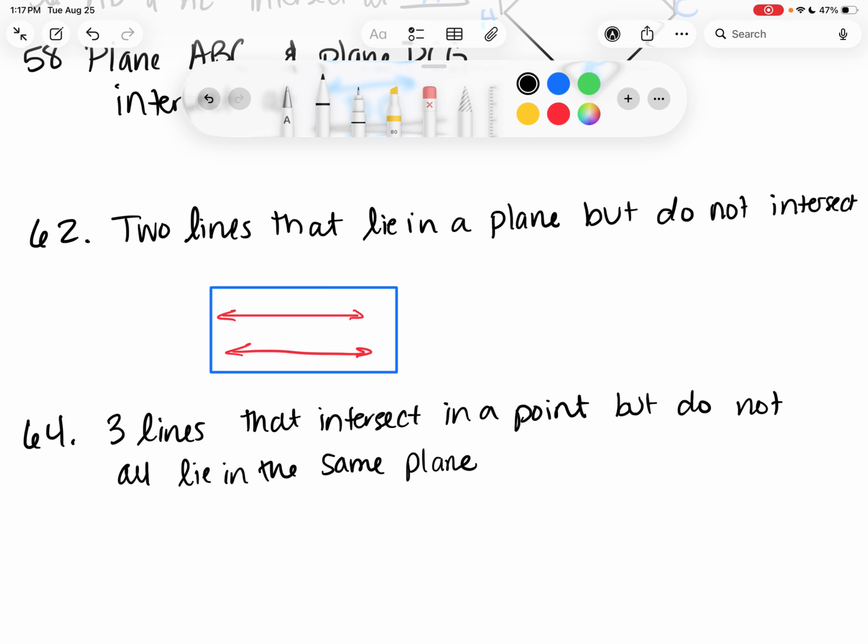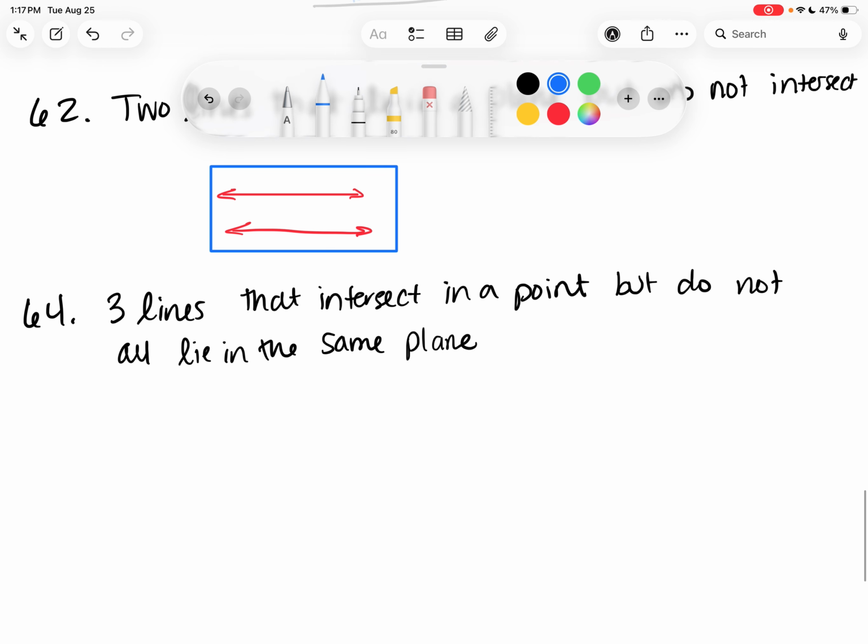Alright, so for them to not all be in the same plane, that means that they can't all be like just intersecting. Like I couldn't just take and like throw a line through here on my previous one because it would be going the same way. So I would do something like this where I have a line going this way. I've got a line going this way.